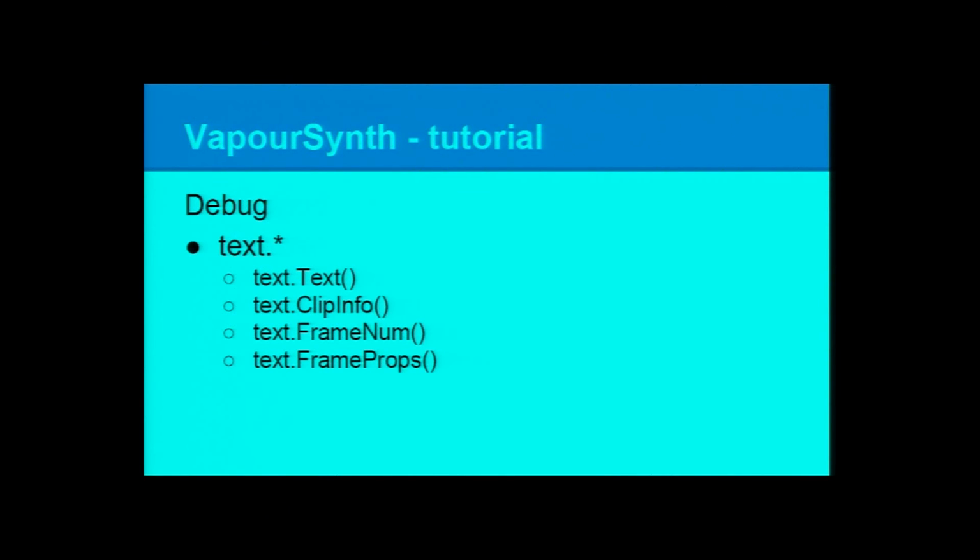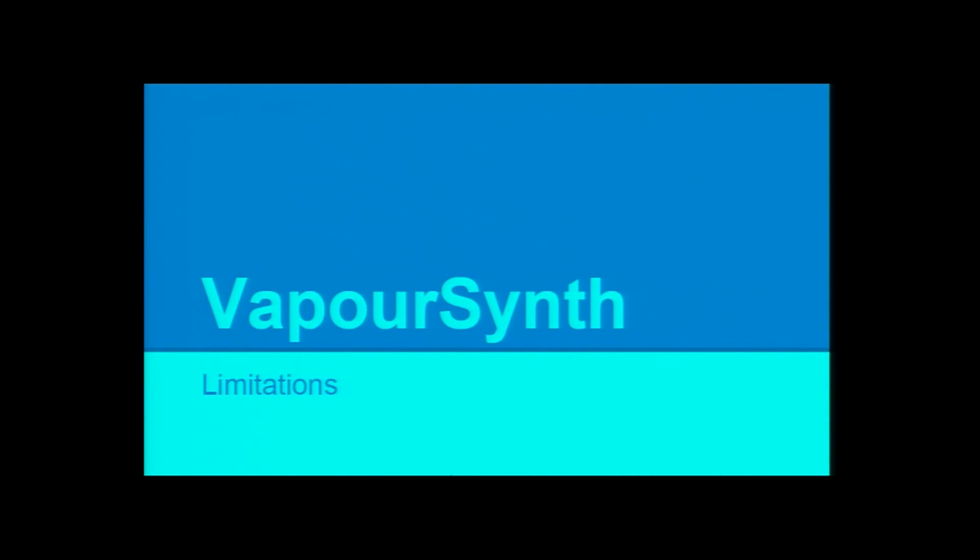Maybe we are editing some frames of video clips and get into trouble, and we can use this to show what happened. Like here, it will show text in the top left corner, print some text, and show clip info, like whether we use RGB space or YUV space.